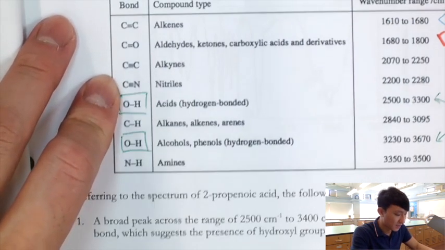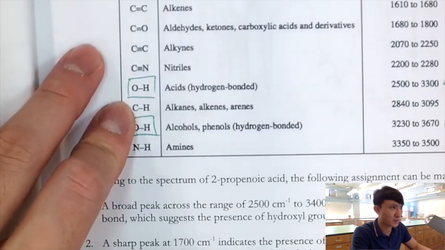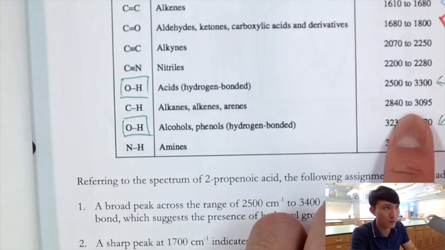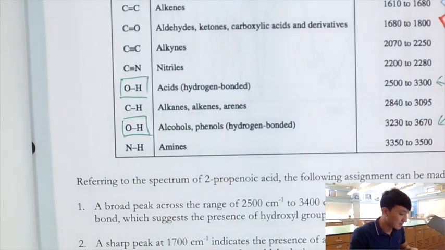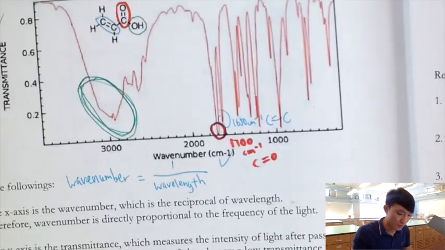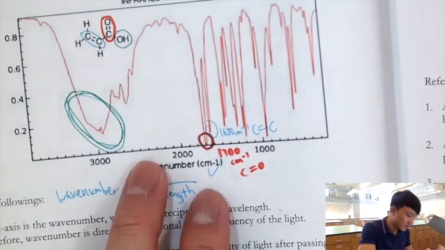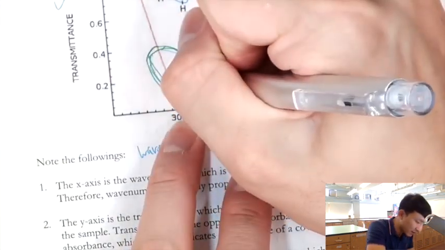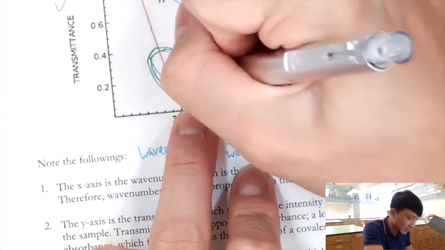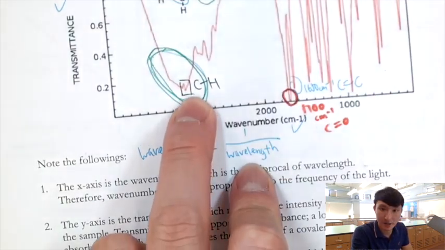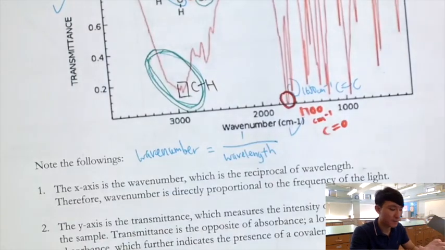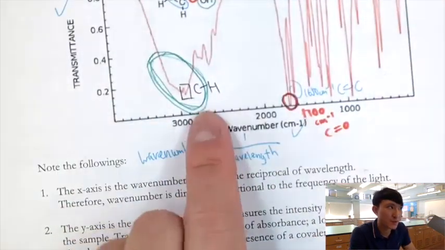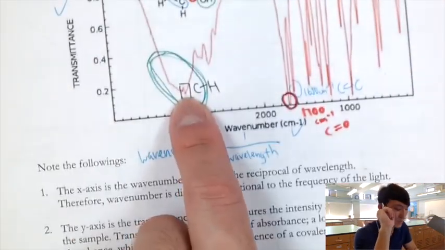And then moving on, CH. Now CH, if you look at the wave number range, yes, we do have CH, which is over here. This is the CH bond, the sharp peak. But because the majority of the peak is masked by the broad peak over here, we only see a very tiny little dip.